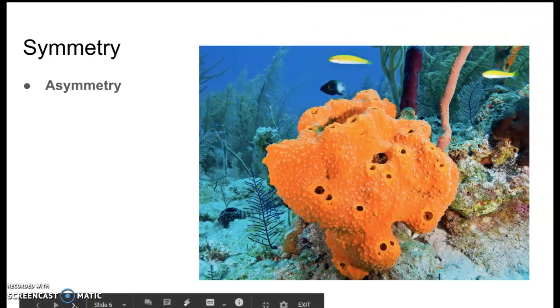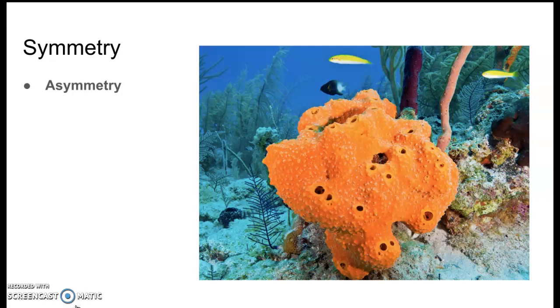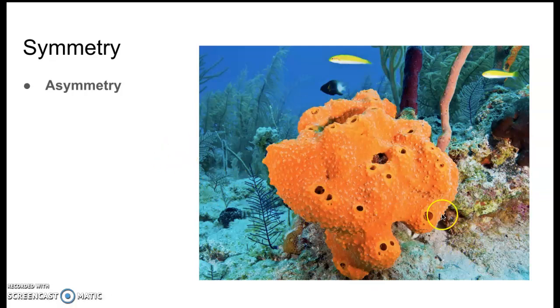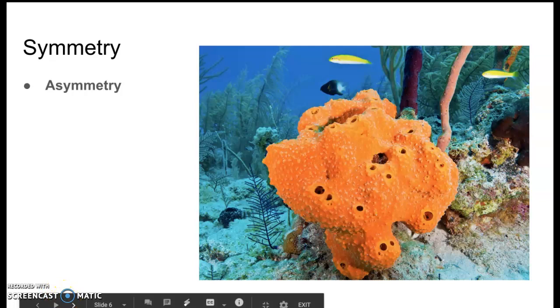The first type of symmetry is asymmetric. So what does that mean? When we look at this organism, we can try to divide him in sections. We try to divide him here, here, and here, and you cannot put a plane that splits this organism into equal parts.